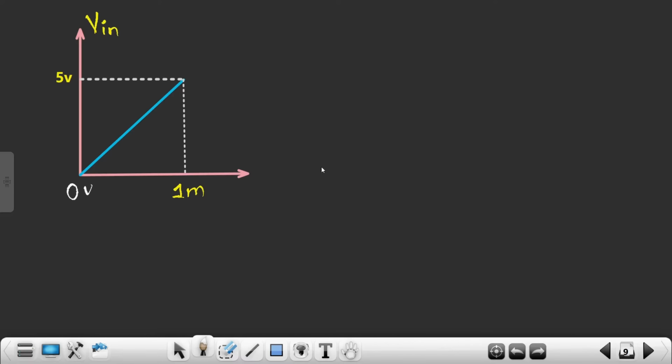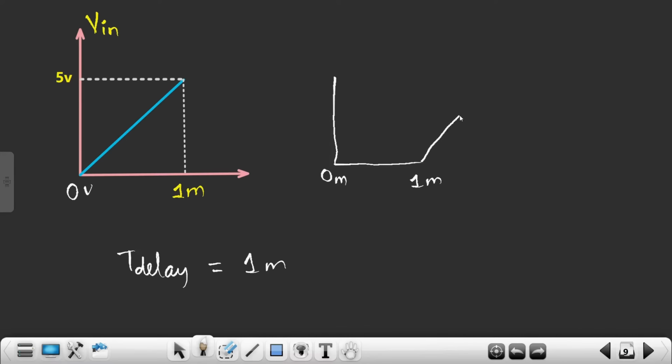Let's suppose I entered the T delay value as 1 millisecond. What does that mean? See, from 0 millisecond to 1 millisecond there won't be any signal. This is my y-axis, that is my v in. From 0 to 1 millisecond there won't be any signal, provided I'm giving T delay as 1 millisecond, but after that I will get this kind of signal.